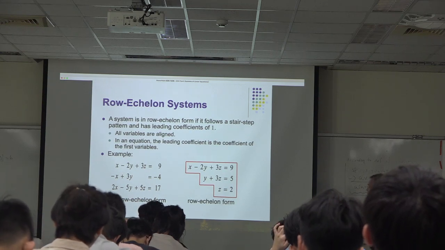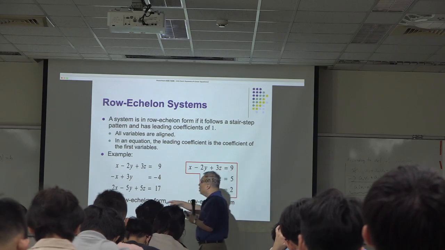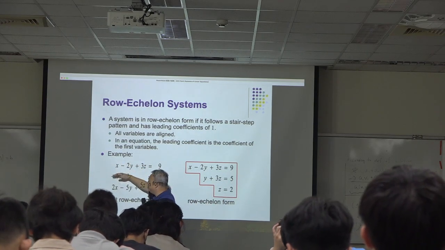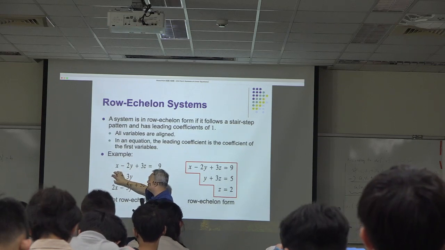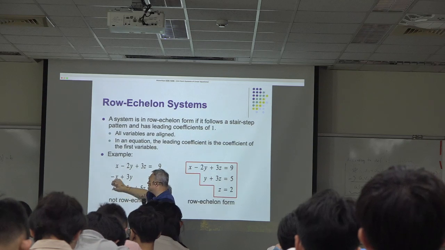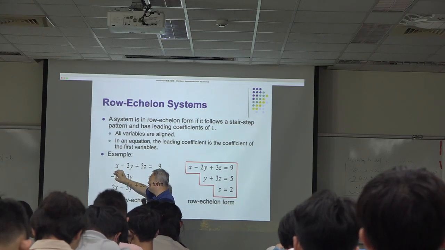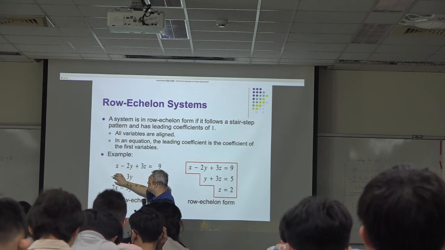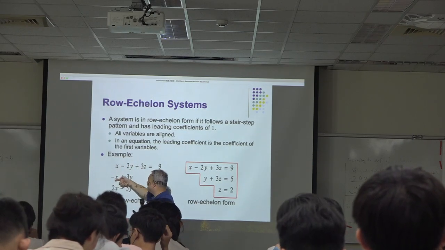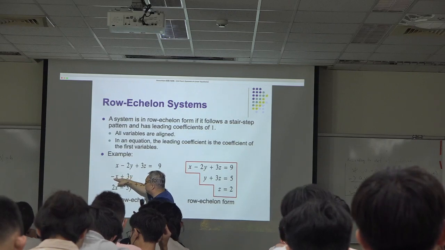What we can do is try to get rid of the x in the second and the third linear equations. So we just add this equation to the second one, because the second one is negative x.